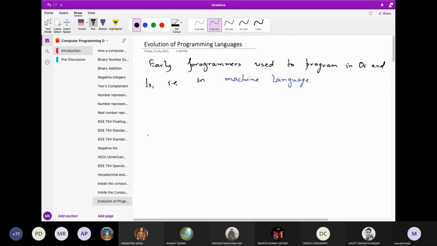The transistor was discovered in 1947. Yes, the same year in which we got independence. In 1947, the transistor was invented. Before that, electronic computers were there, though they used vacuum tubes, right?